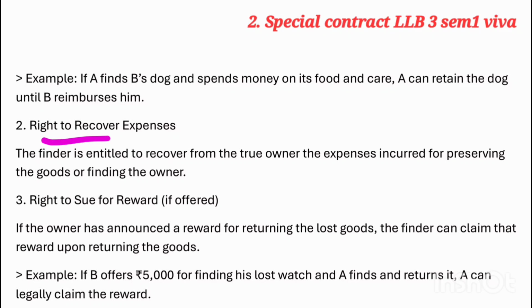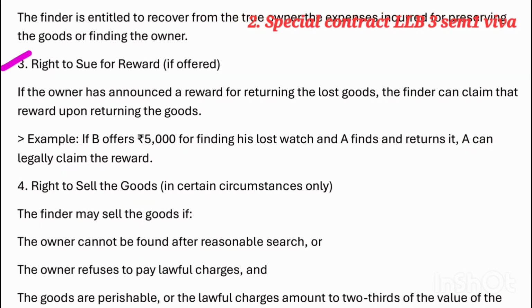Right to recover the expenses. The finder is entitled to recover from the true owner the expenses incurred for preserving the goods or finding the owner. Right to sue for reward if offered.